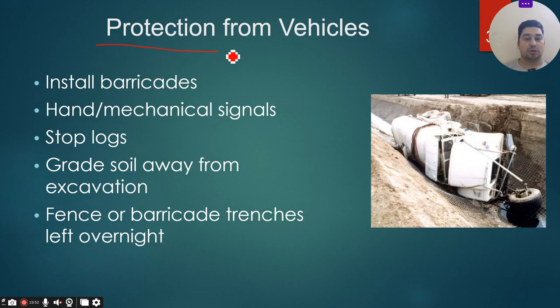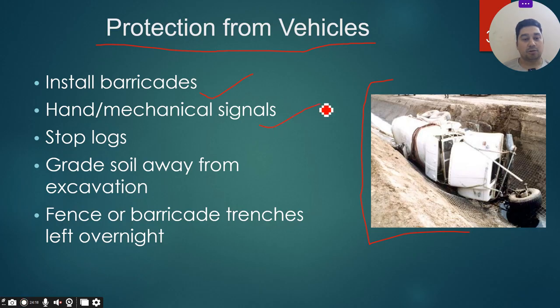Protection from the vehicles. So protection is also required from the vehicles which are running near the excavation areas. Okay, so that we have to make sure. Install barricades to keep the vehicles from coming near the excavation area. There could be a separate walkway, a separate way for the traffic and a separate way for the people who are walking in the area.